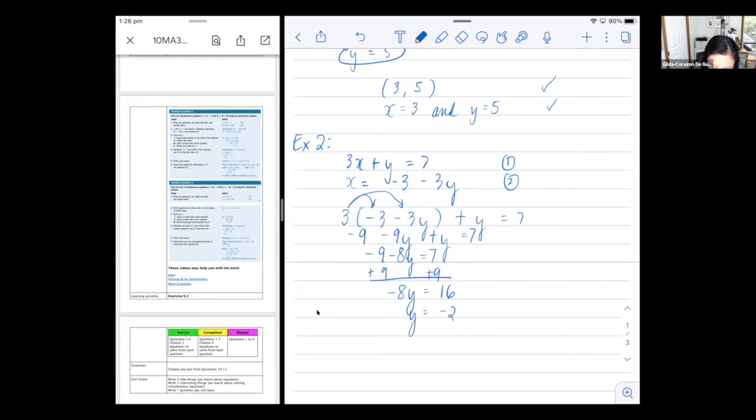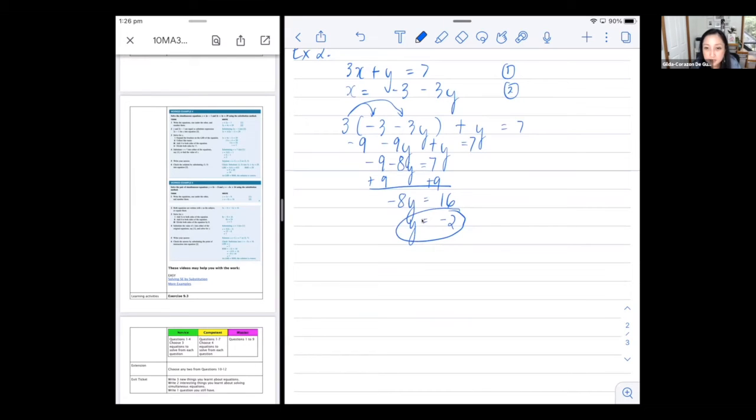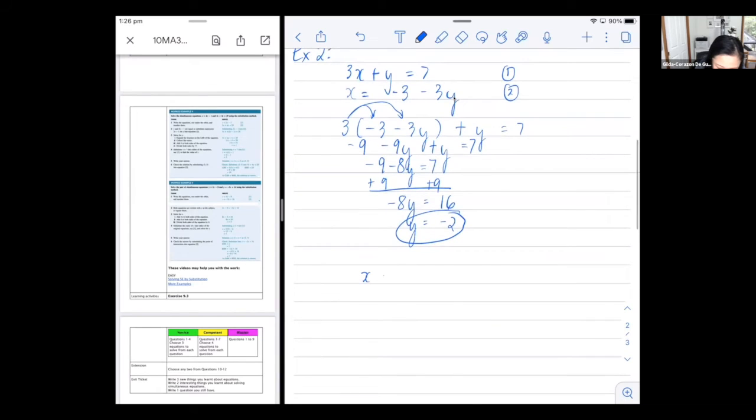So now, again, I would want to circle that and replace the value of y into the second equation. I can do that here too, but then it doesn't give me the value of x straight away. So I would now want to substitute y equals -2 to this one. So I have x equals -3 minus 3y, substituting the y that I got, minus 3 times -2, right?